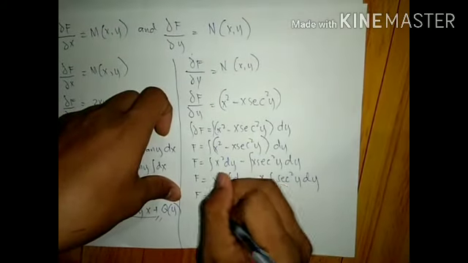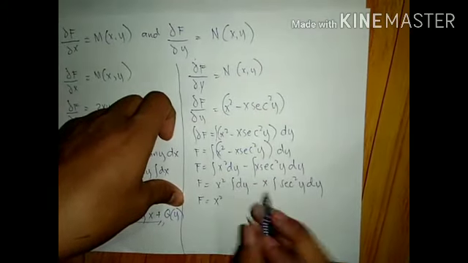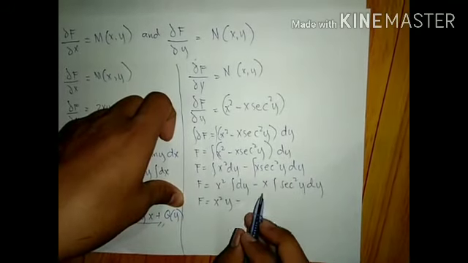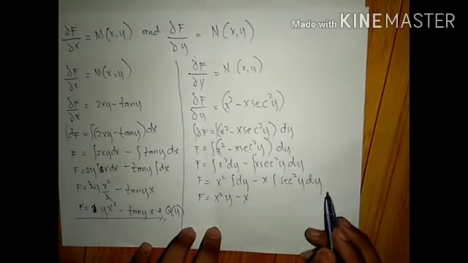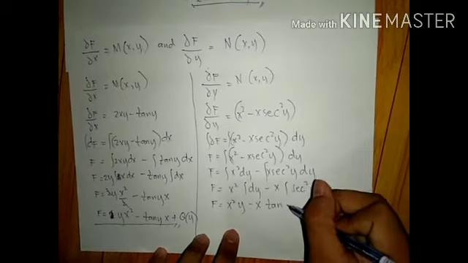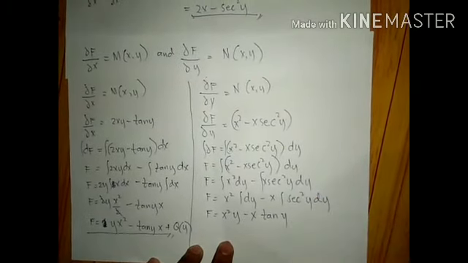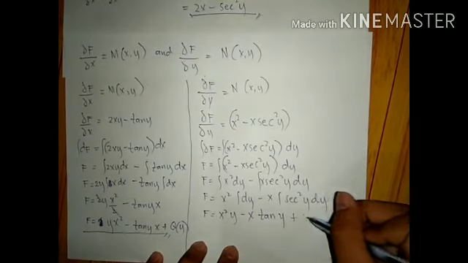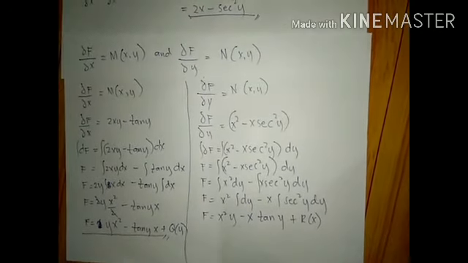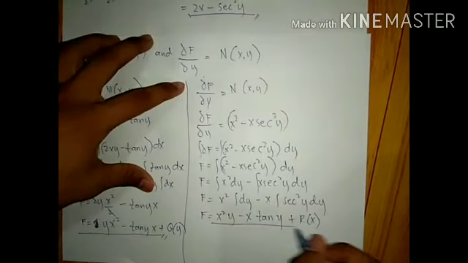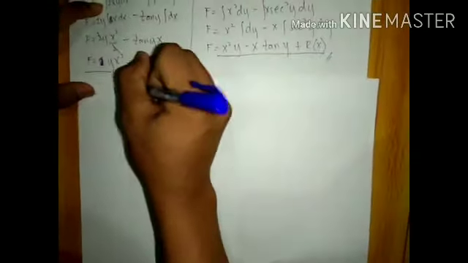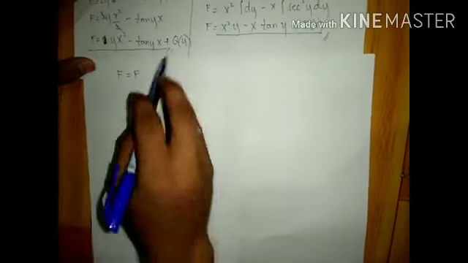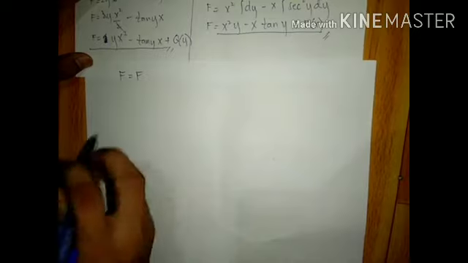So next, f is x squared times the integral of dy, so y, minus x, copy the x, and the integral of secant squared y dy is tan y, plus a constant R(x). We write this on paper and combine them: f is equal to, to get Q(y), the constant Q(y) and R(x).